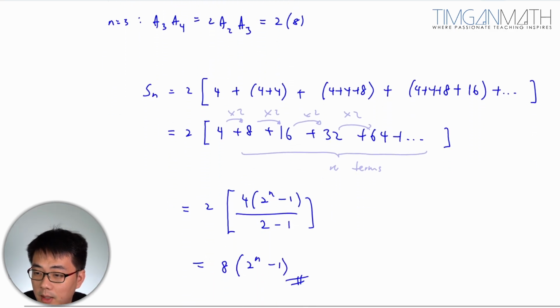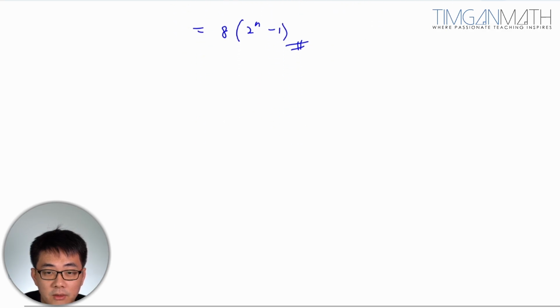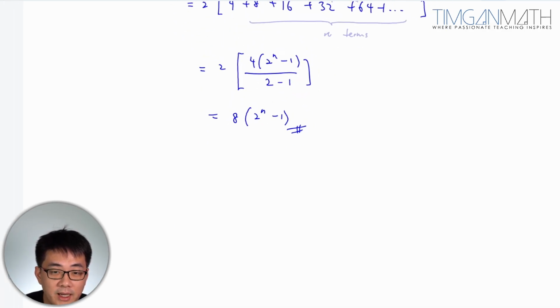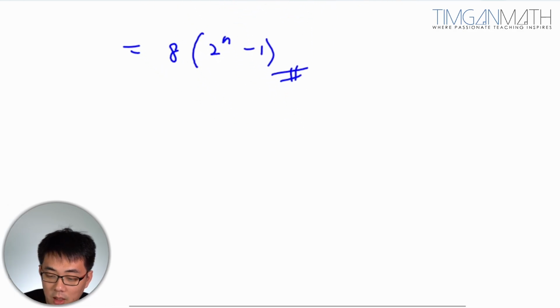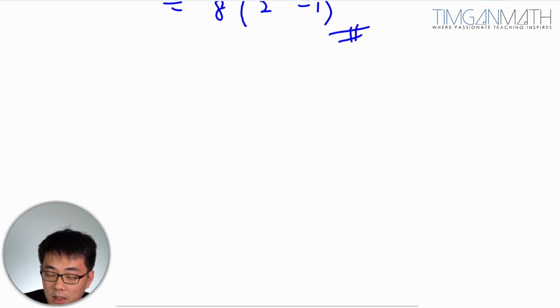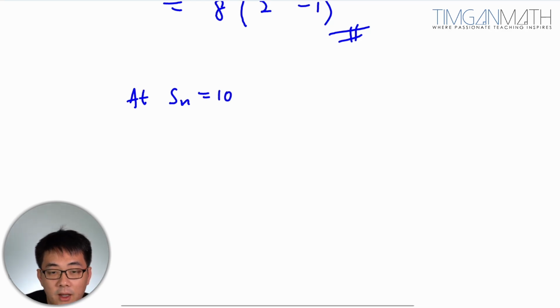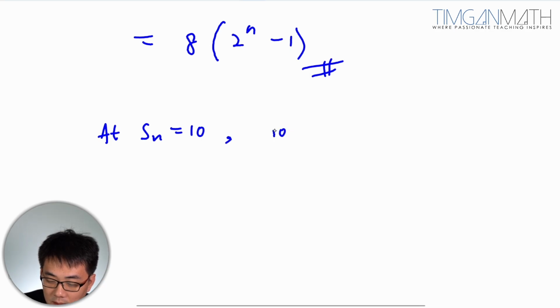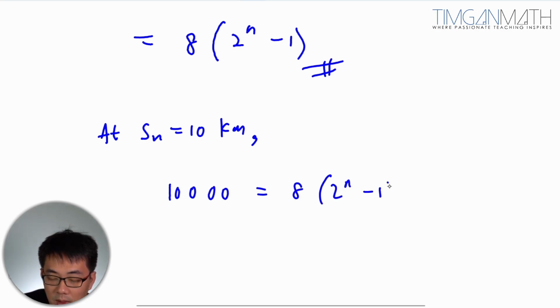So the next part would be, hence find the distance from O and the direction of travelling of the athlete when he has run exactly 10 km. Okay, great. In this case we have Sn equals 10 km, and we need to find out which direction he is travelling. I'm going to write 10,000 meters because we are using meters: 8 times 2 to the power of n minus 1.